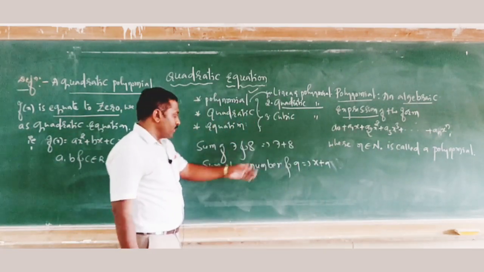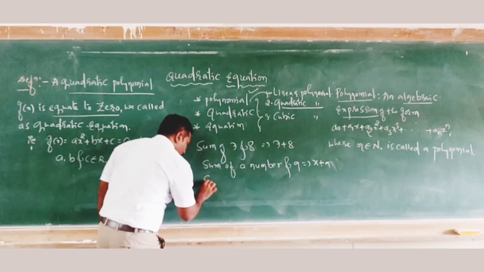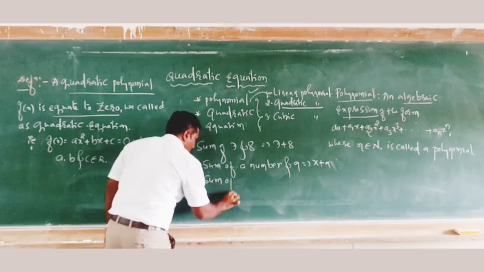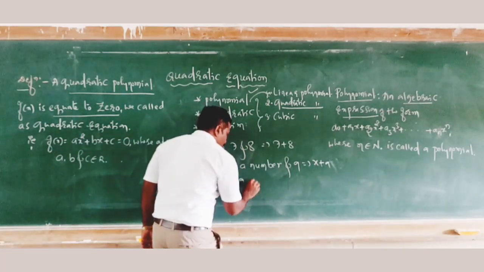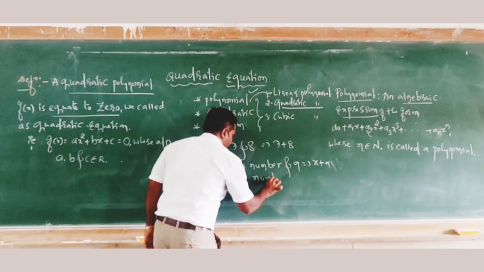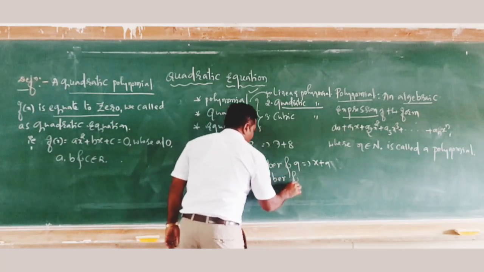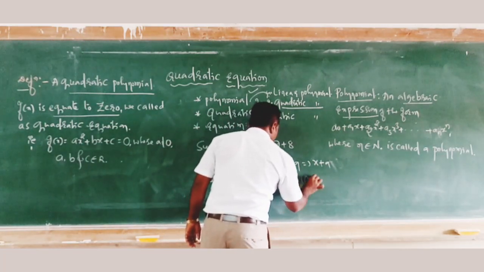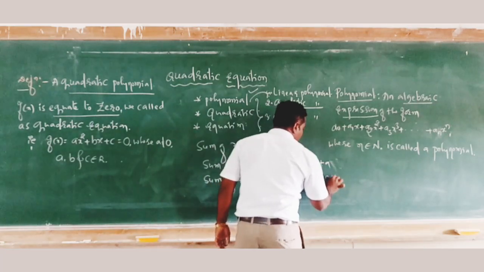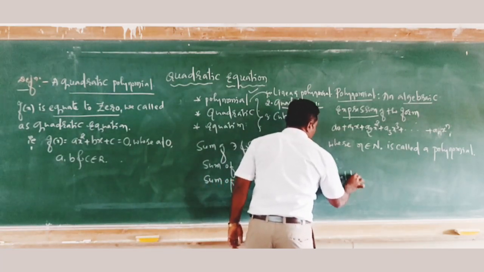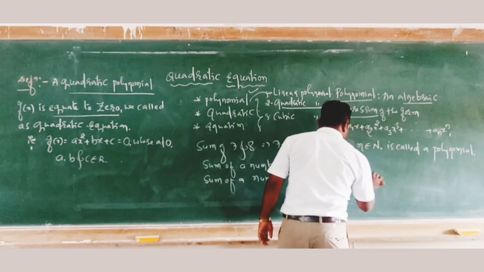And here the sum of a number and 10 is equal to 15.